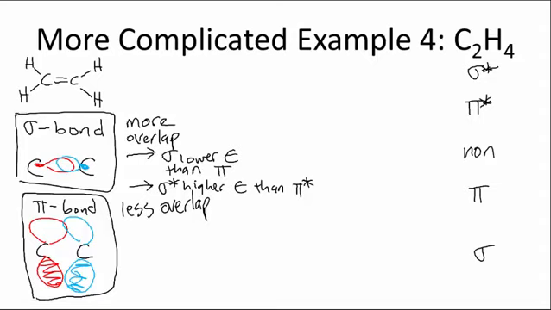So among the sigma orbitals, we're going to, again, just arrange them by electronegativity. So I have CC and CH. I would put CC a little bit lower than sigma CH, and I've got 4 sigma CHs. Next up is going to be pi CC.